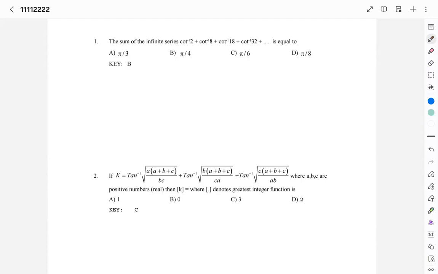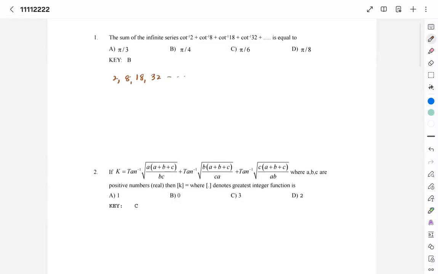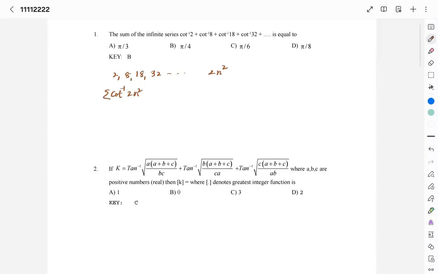If you observe this, 2, 8, 18, and 32, these are of 2n square format. So cot inverse 2n square, with n = 1 as the first term, n = 2 as the second term, sigma n from 1 to infinity, is tan inverse 1 by 2n square.